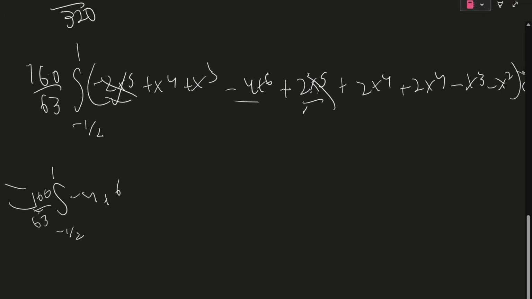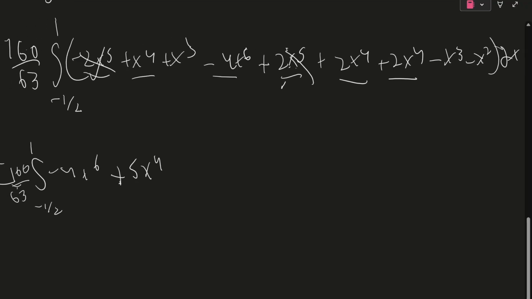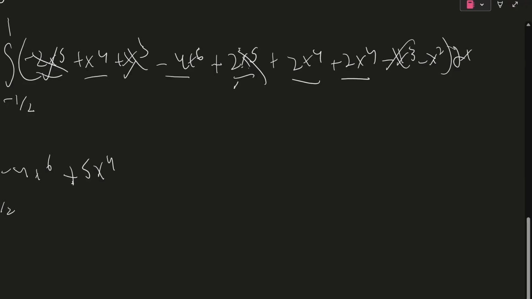Now we have x to the 4th, 2x to the 4th plus 2x to the 4th plus x to the 4th, that's 5x to the 4th. We can go ahead and underline those. And then x cubed minus x cubed is 0, so those two cancel out. And this is just minus x squared dx.